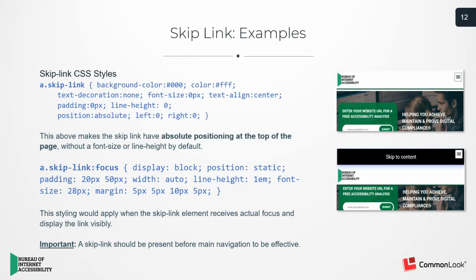When that skip link receives focus from the keyboard, then we apply that second style rule, where it says a.skiplink:focus. And that focus means apply this style when that element has keyboard focus. And in this case, it makes the positioning block, it adds some padding, some font size, so it appears.